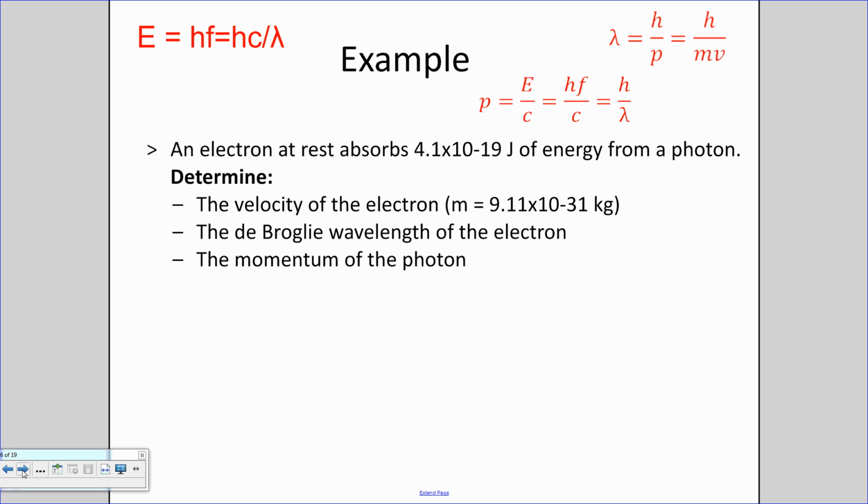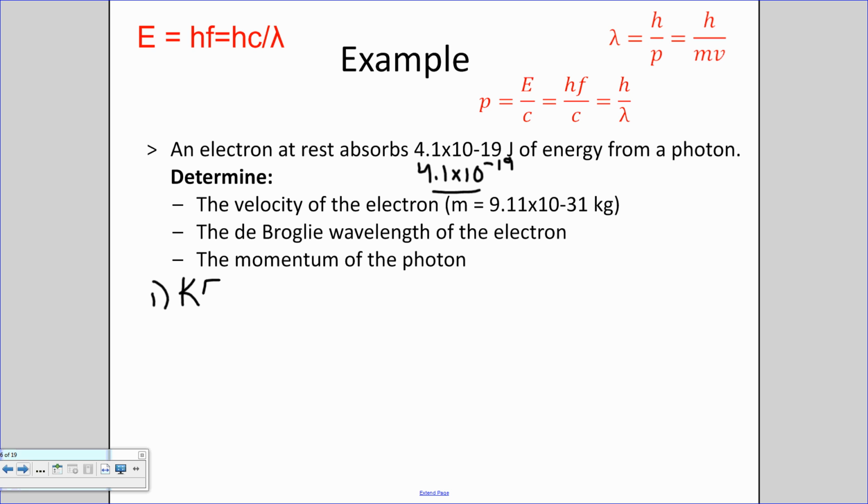So let's do an example. An electron at rest absorbs 4.1 times 10 to the negative 19 joules of energy from a photon. What is the velocity of the electron? All right, so this one is kind of a flashback to an old equation. Remember, if we're solving for velocity and we have energy, what connects them?